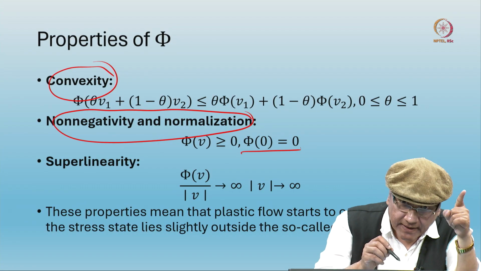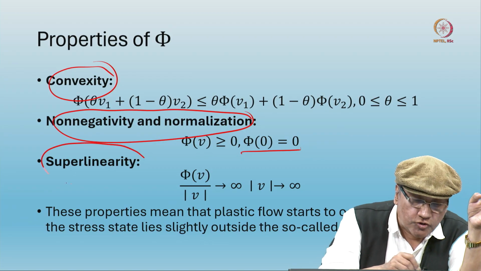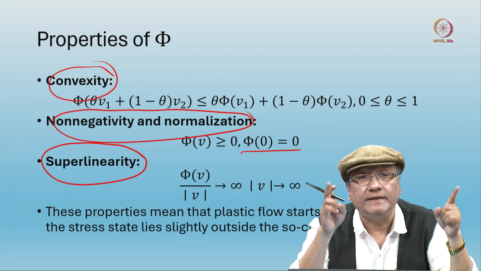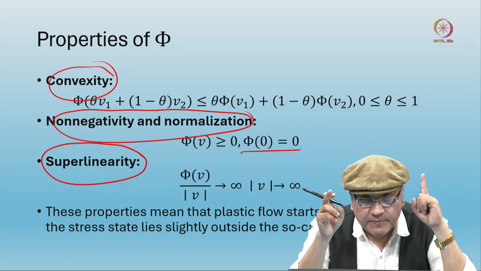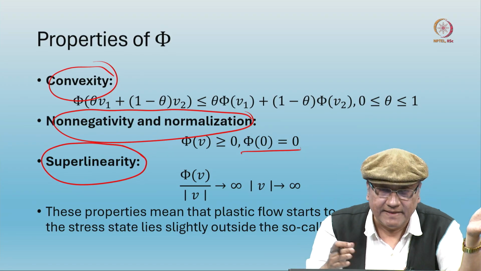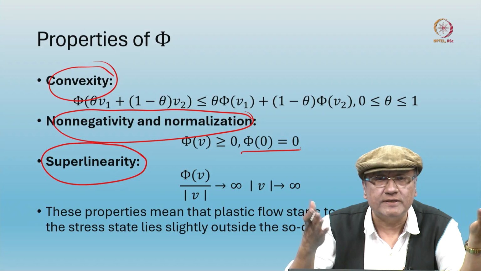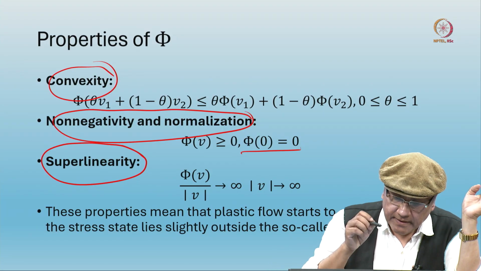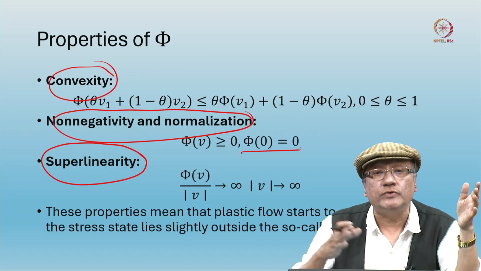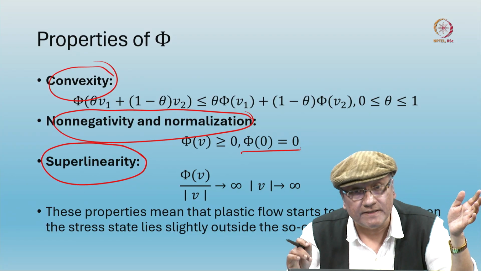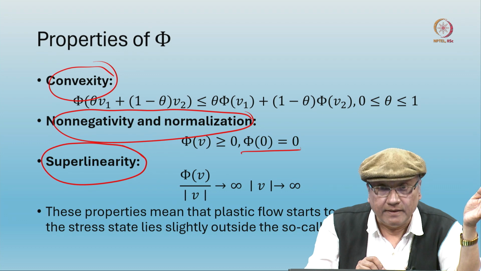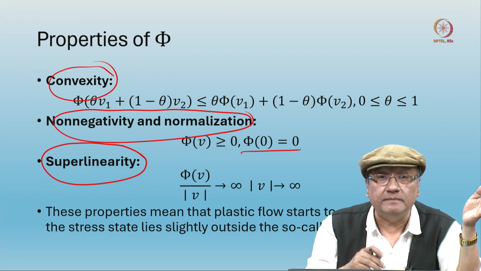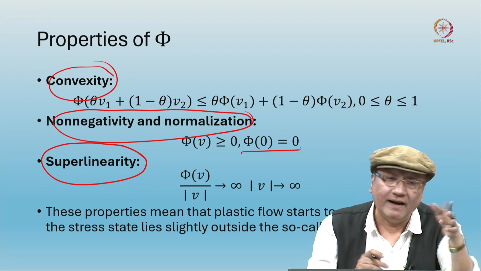But what was not true earlier for rate independence, and is now true, is what is called superlinearity of phi. That means if phi is a function of v, in this case any velocity-like quantity, epsilon p dot is a velocity essentially, right, then as the magnitude of v tends to infinity, phi(v) by modulus of v must also tend to infinity. Earlier it was not the case.